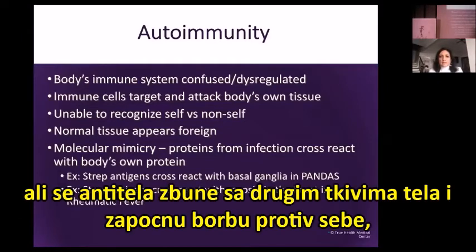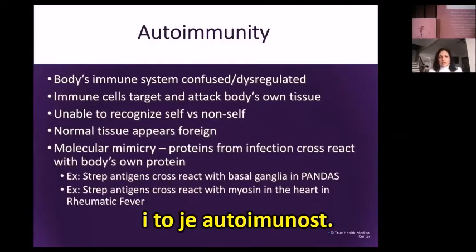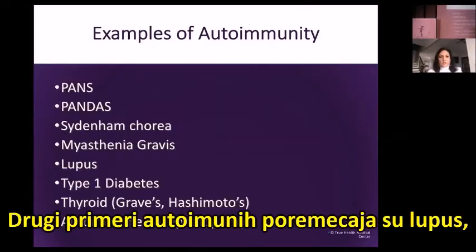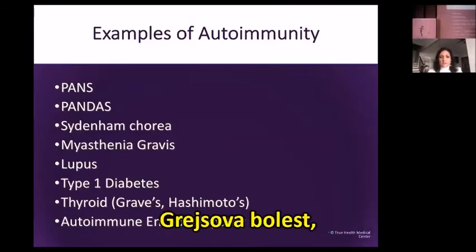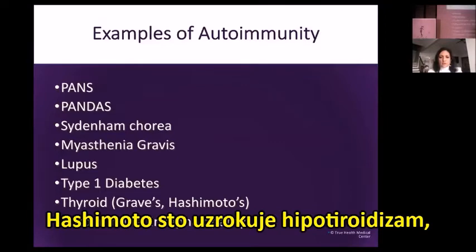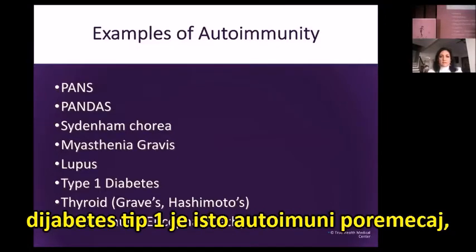But those antibodies get confused with other body tissue and start fighting itself. And that term is called autoimmunity. So other autoimmune conditions are disorders such as lupus, Graves' disease, or Hashimoto's thyroiditis that causes hypothyroidism. Type 1 diabetes is one as well.